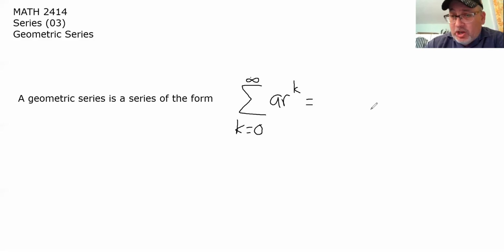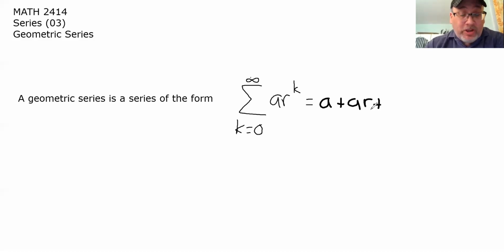Because if you were to start with the lower limit of 0 and put it in for k, for the index, you get a times r to the 0, but r to the 0 is 1, so a times 1 is a. If you put in k equals 1, you would get a times r to the first, so a times r.